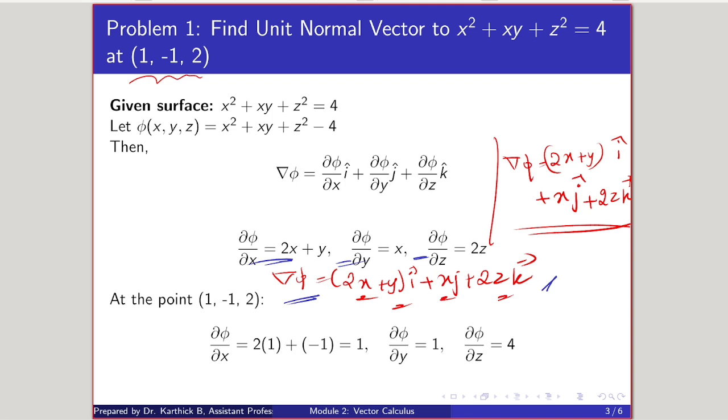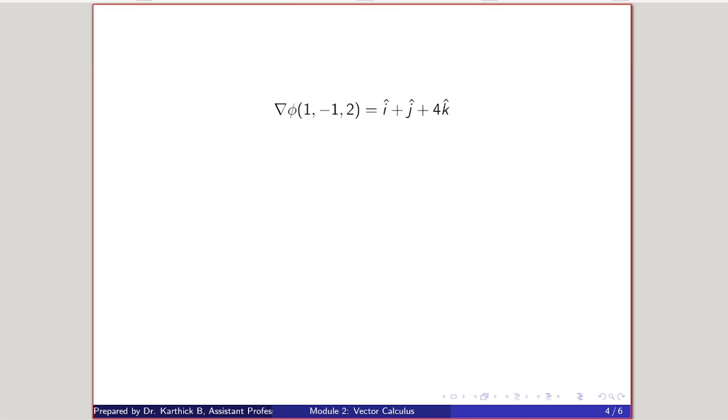Either you can first find the gradient phi function, then substitute the values of x, y, z, or else you just substitute the values of x, y, z directly here, and then you will get this value.